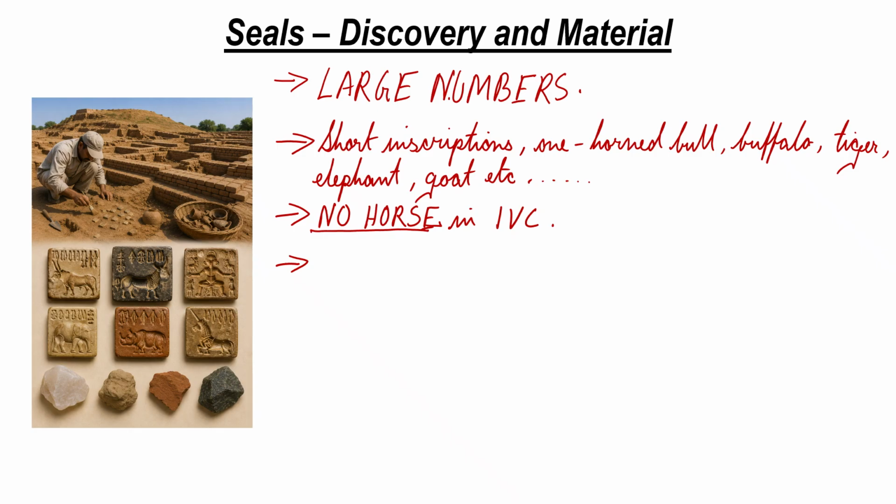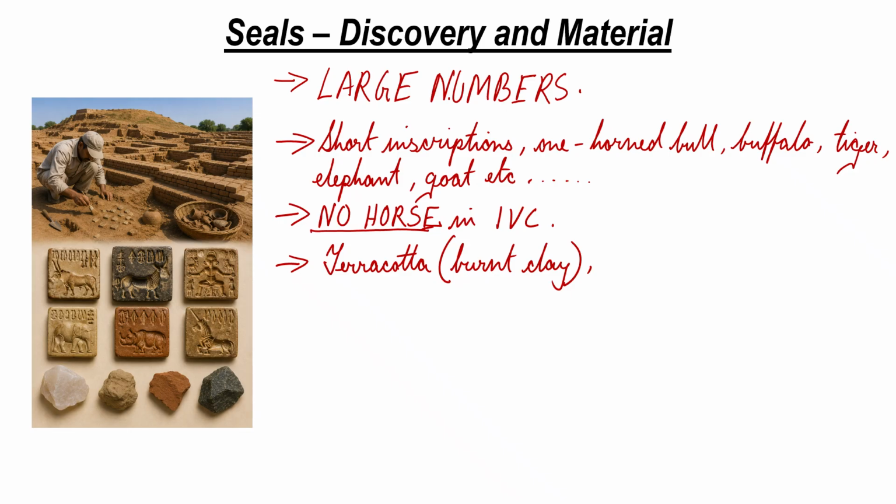Now, what were these seals made of? Firstly, they were made out of terracotta. Terracotta means burnt clay. So terracotta was the most common thing.